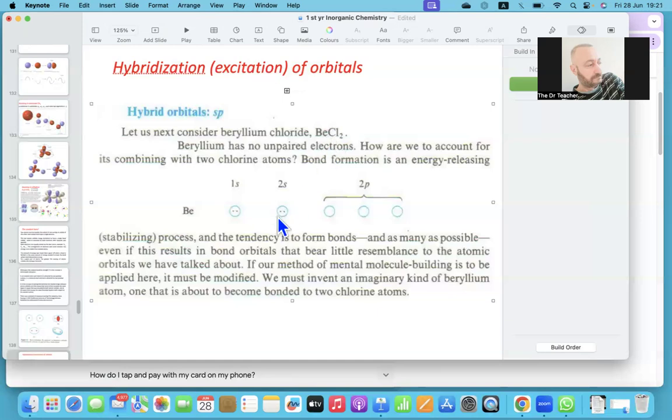This is what we mean by excitation, leading to hybridization. So one of them moves to the next energy level, in p, and the other one stays in 2s.